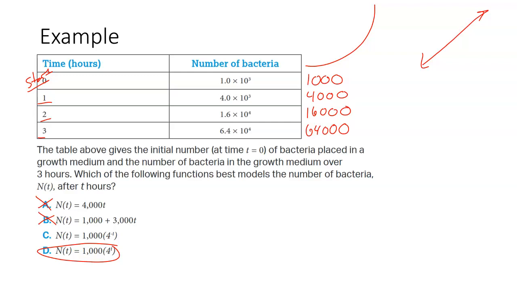But if you're not sure, and you say, well, I don't know which one it is, take a value of T, plug it into the equation, and make sure you get the correct output. And you can just do a quick evaluation. Okay, I think it's this one. Let me evaluate this.